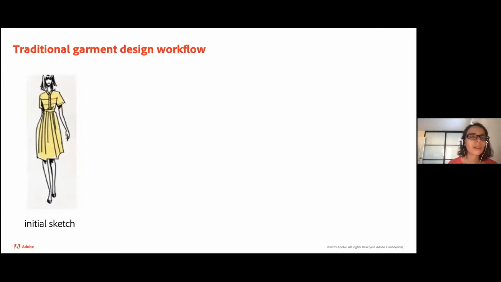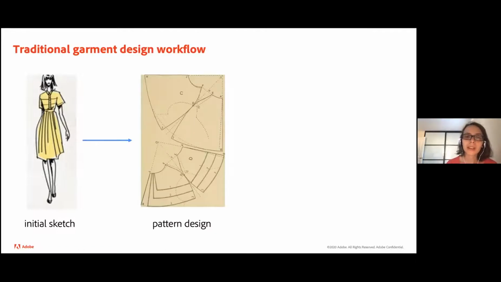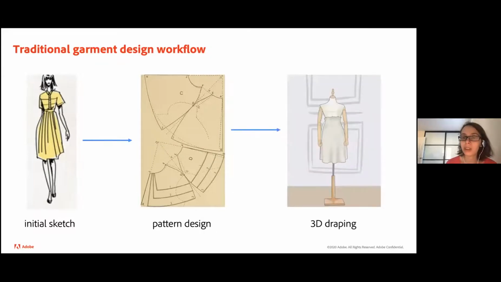This sketch really conveys the final look of the garment you want to achieve. And then given this concept sketch in mind, the designer has to start designing the 2D garment patterns and also look into how they drape in 3D. And as you can imagine, this is not an easy task.